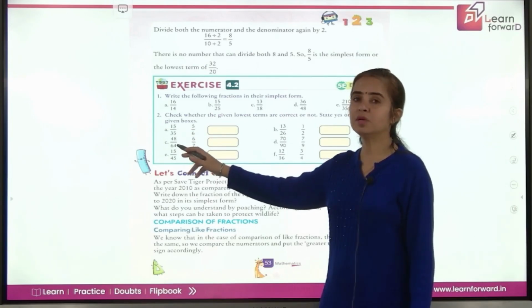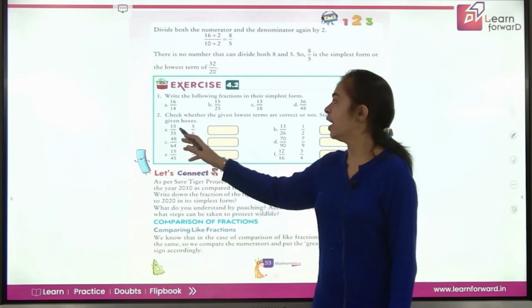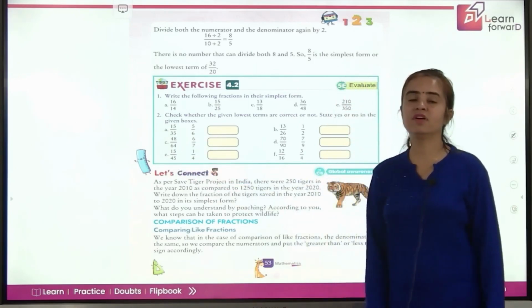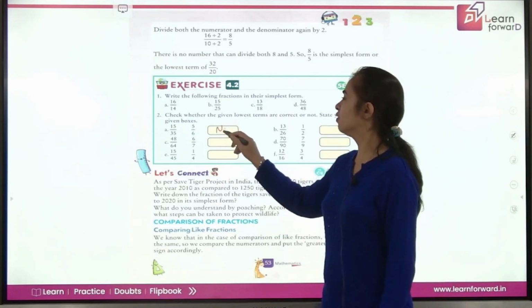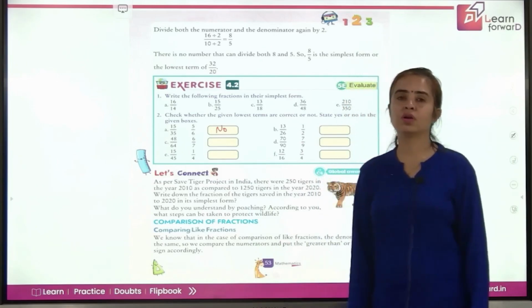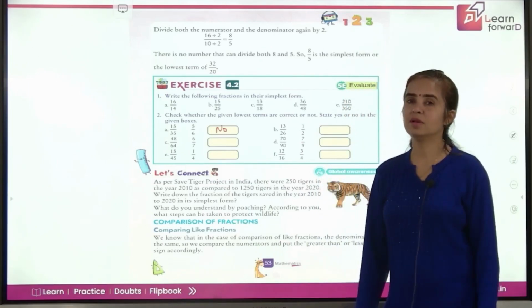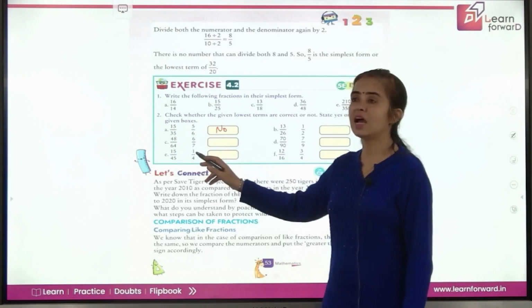Both were divisible by 5. So 5 threes are 15 and 5 sevens are 35. It should have been that, but it is not correct. They are saying 5 by 6. Now coming to 48 and 64. Both of them are divisible by 8. 8 sixes are 48, but 8 eights are 64.